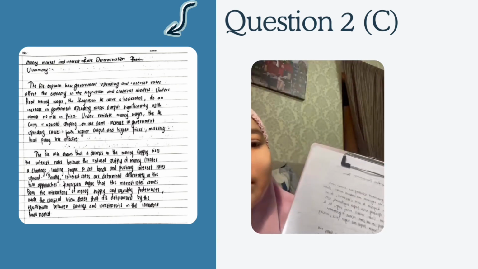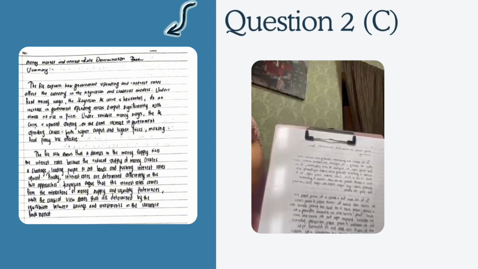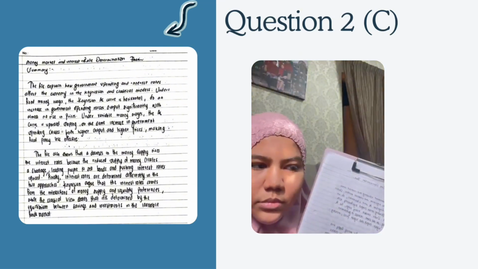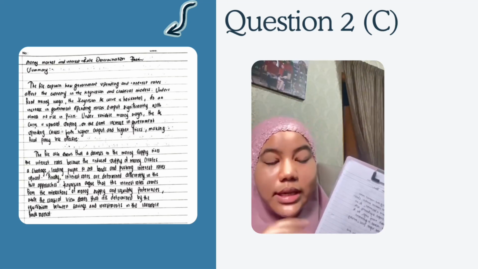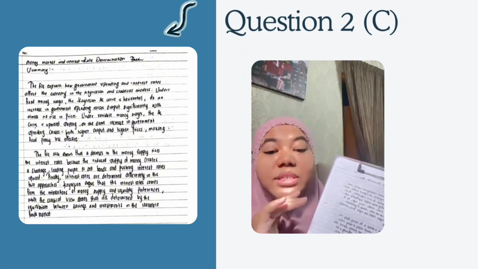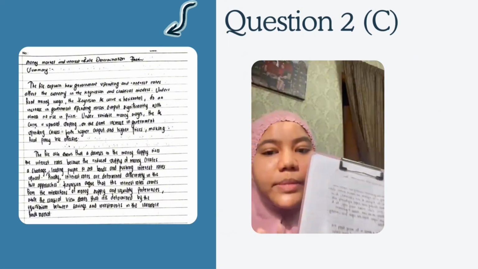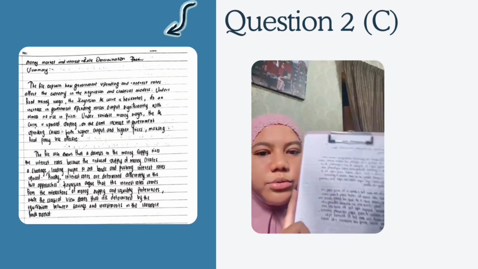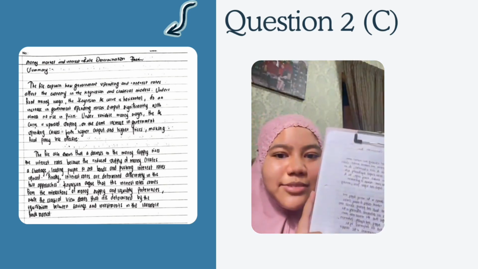Keynesians argue that the interest rate comes from the interaction of money supply and liquidity preference, while the classical view states that it is determined by the equilibrium between saving and investment in the loanable funds market. So this is my answer for the summary, and that's all. Thank you.